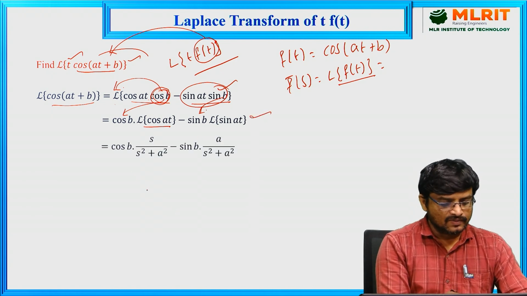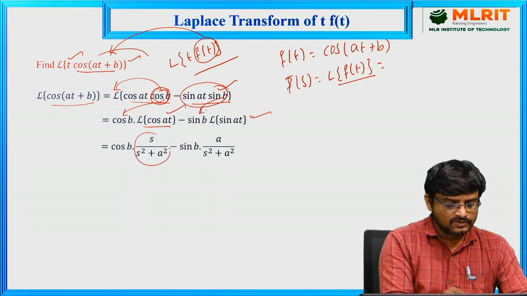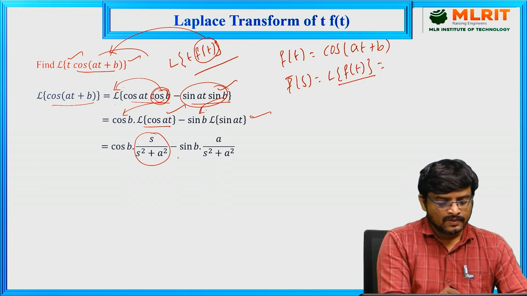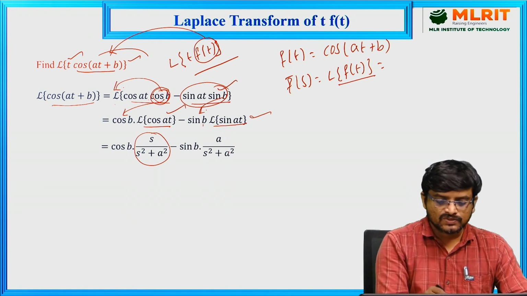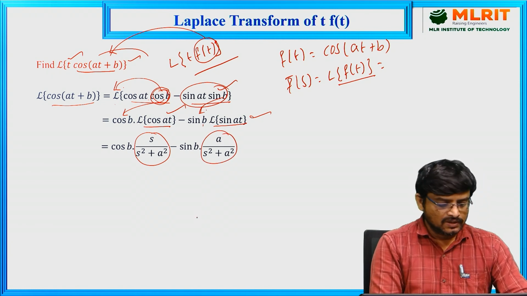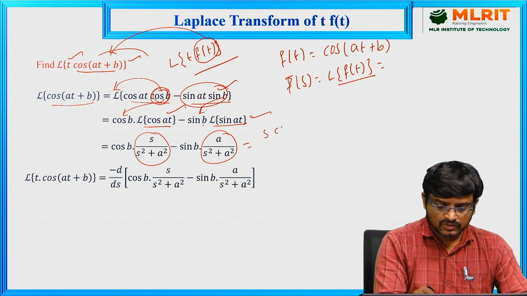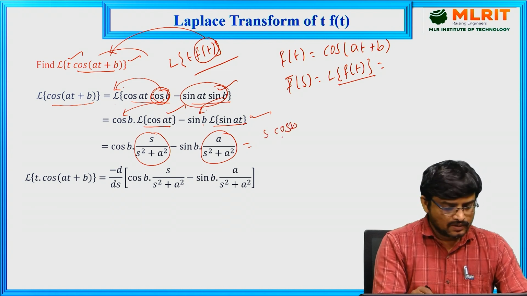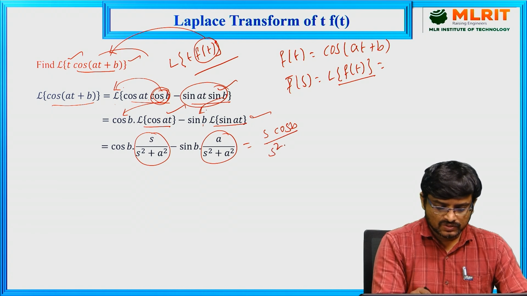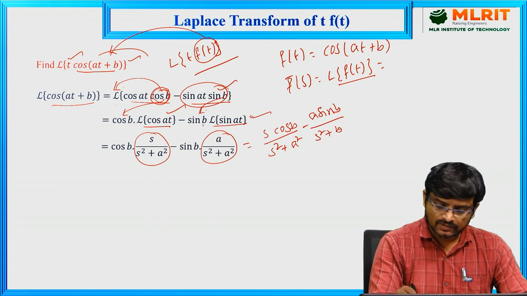We have the standard formulas: cos b into Laplace transform of cos at is s by s square plus a square, minus sin b into Laplace transform of sin at, which is a by s square plus a square. Now simplify this. You get s into cos b by s square plus a square minus a into sin b by s square plus a square.